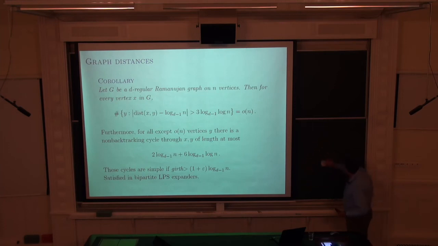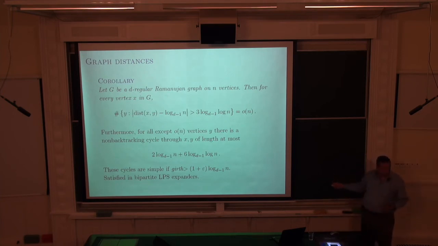Distance between directed edges. Here is one directed edge, from x to x prime, and here is another directed edge from y to y prime. Then what we know is that for almost any fixed edge x prime, for almost all other edges y prime, there is a directed path going from this to this that goes through this edge in the correct direction.